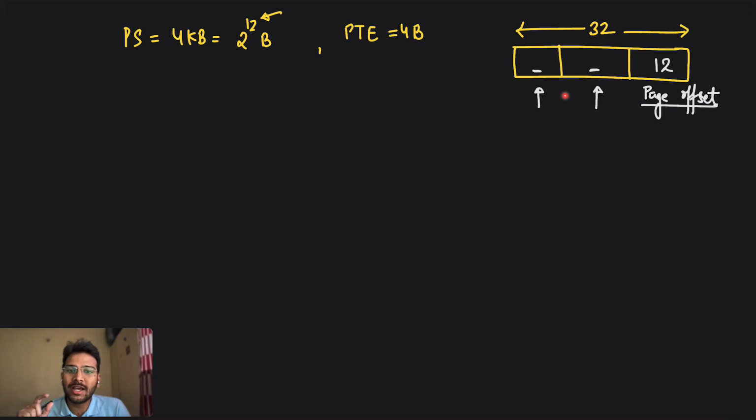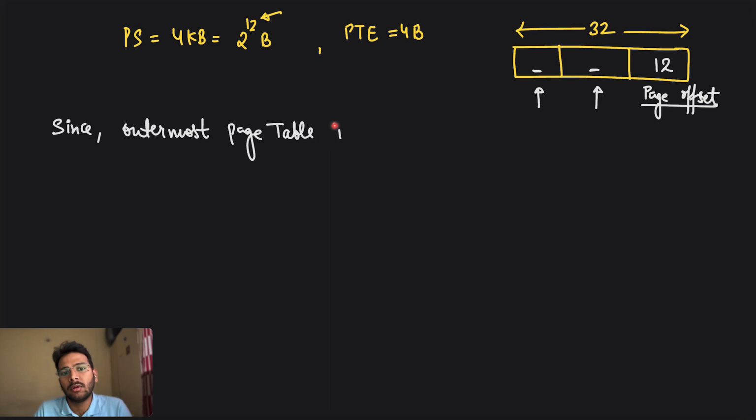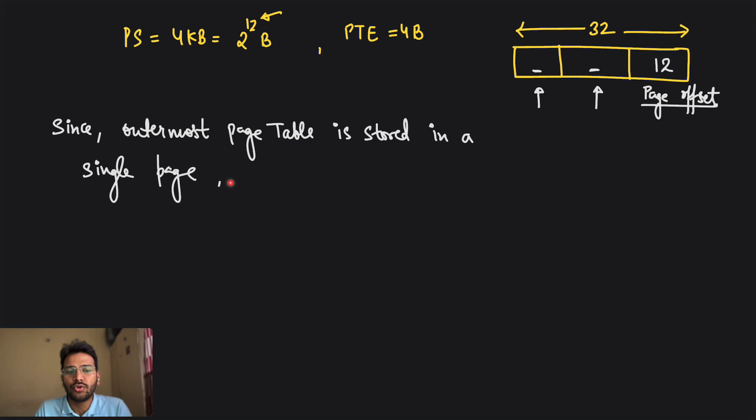So we know that the outermost page table is stored or allocated in a single page, as it is given in the question.